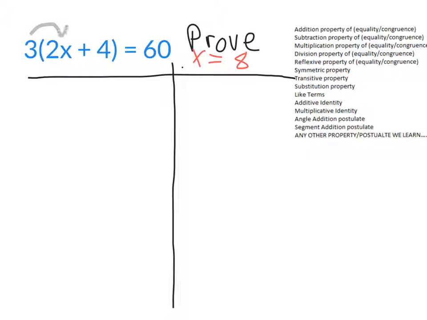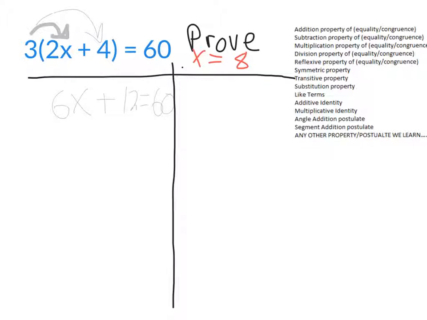So what's 3 times 2 going to be? 3 times 2 is going to be 6x, and then we do 3 times 4, which is going to be plus 12 equals 60. That's our first step.